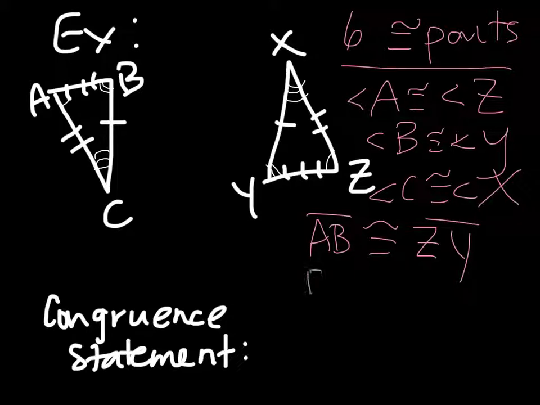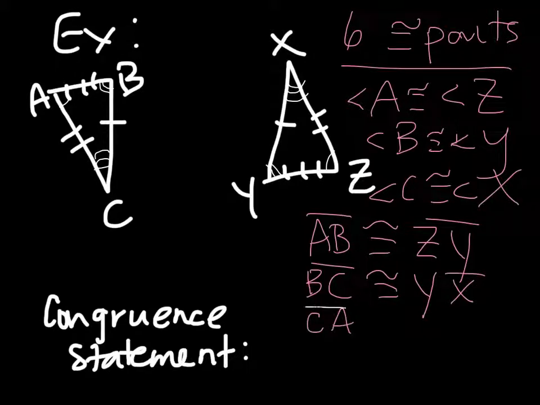And then side BC is congruent to side YX. And then side CA is congruent to side XZ. And those are my 6 congruent parts of the triangle.